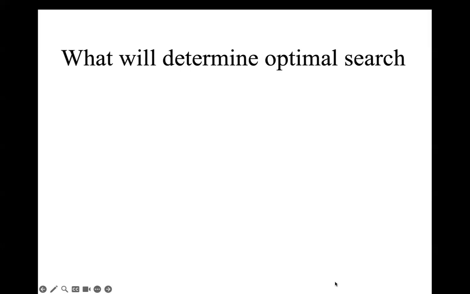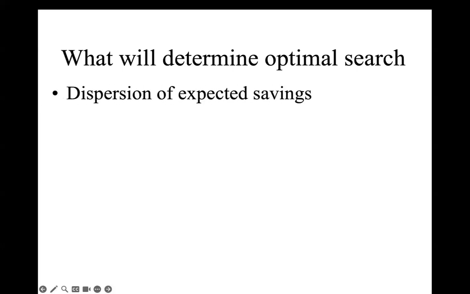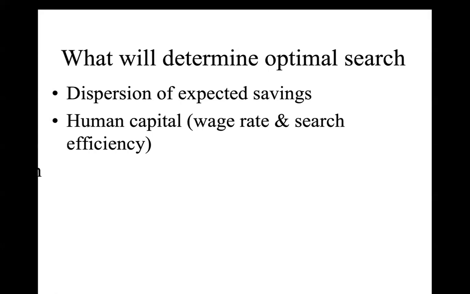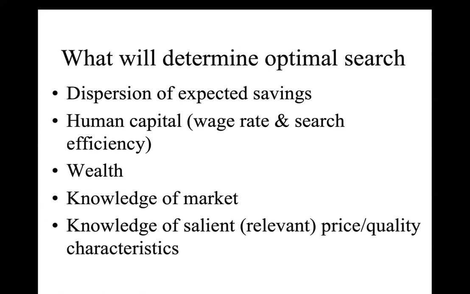Let's change gears a little bit and let's talk about what determines optimal search. So when looking at optimal search, there are several factors that we'll consider. So the first thing that we'll look at is the dispersion of expected savings.